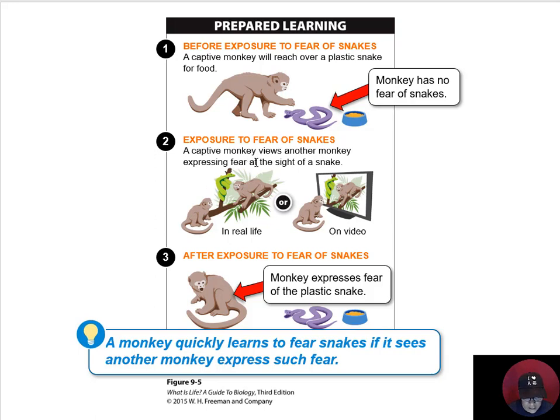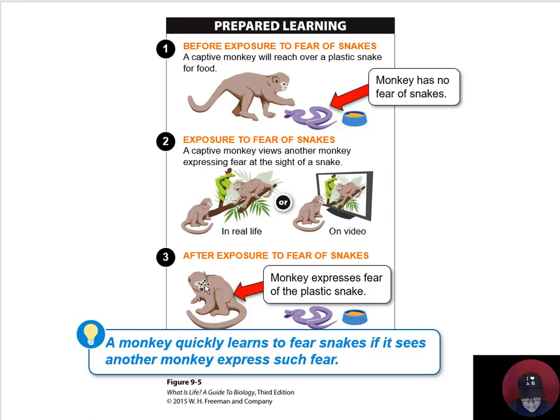by exposing it to a snake in real life, right? Basically it sees the snake bite another monkey, and the monkey screams out in pain and gets sick and dies, then forever that monkey will be afraid of snakes. Or you show that monkey a video of another monkey being bitten by a snake and all these horrible things happen, that monkey will now have a fear of snakes.